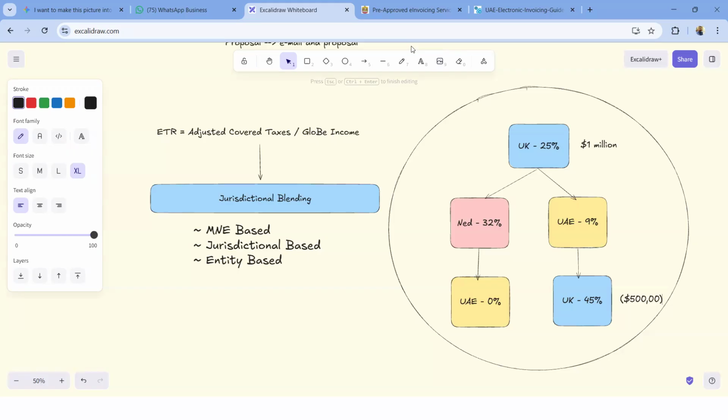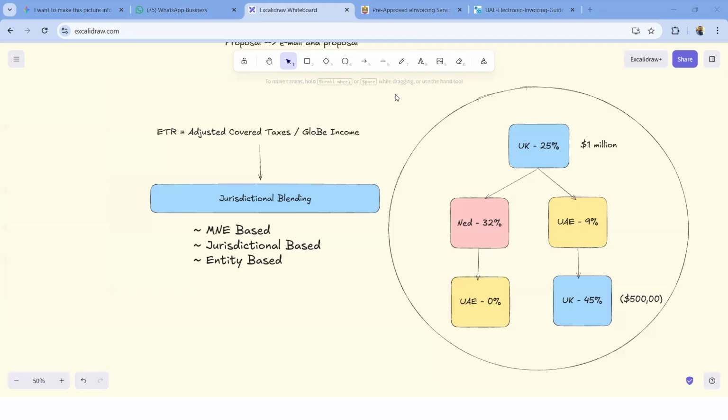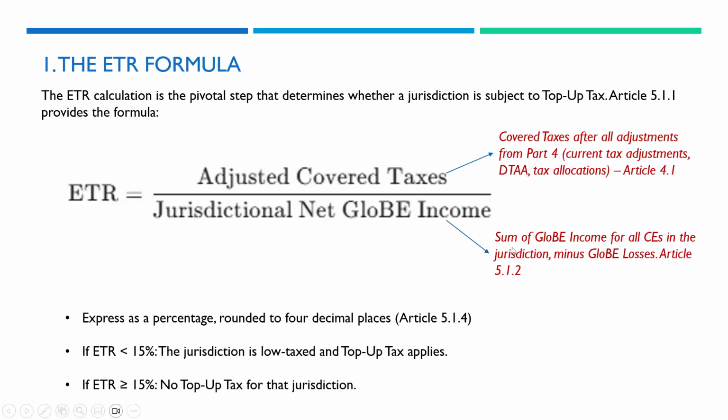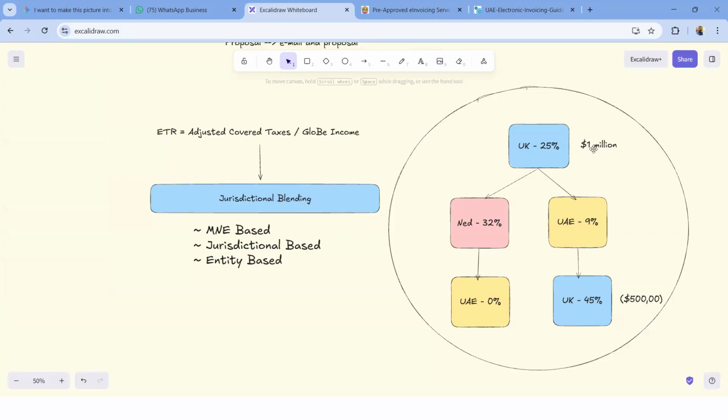The denominator of the UK. I told you we'll be calculating it jurisdiction by jurisdiction. What would be the denominator? So it would be the sum of GloBE income of all CEs in the jurisdiction minus the sum of GloBE losses. Okay, so there are only two.